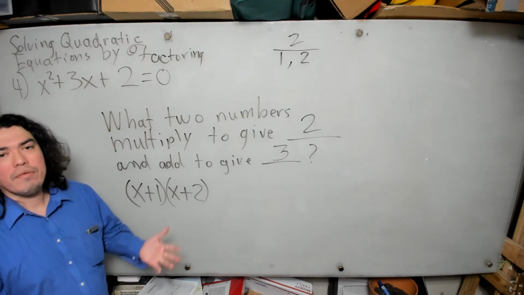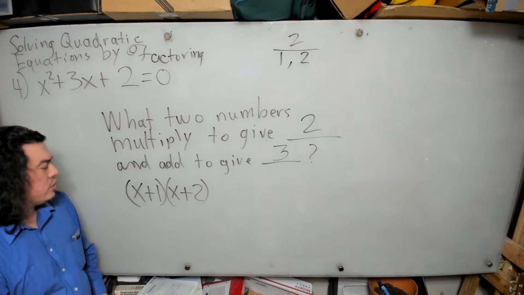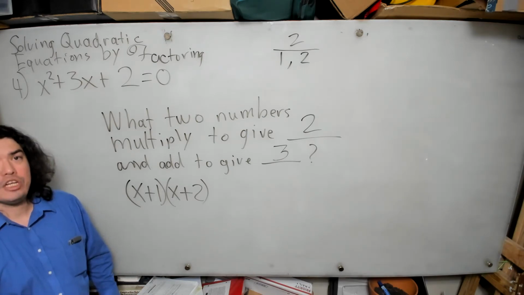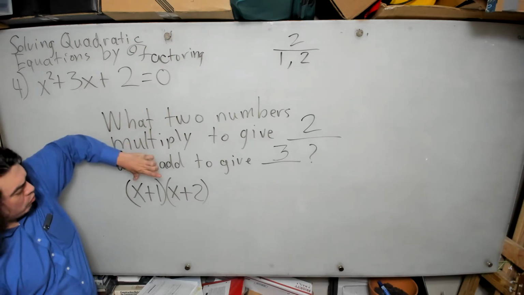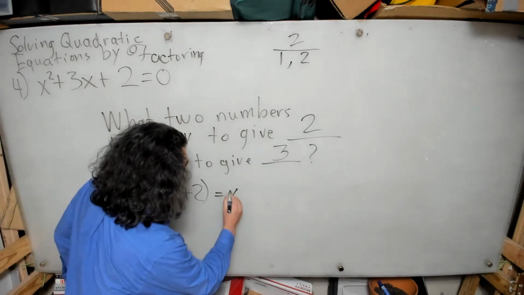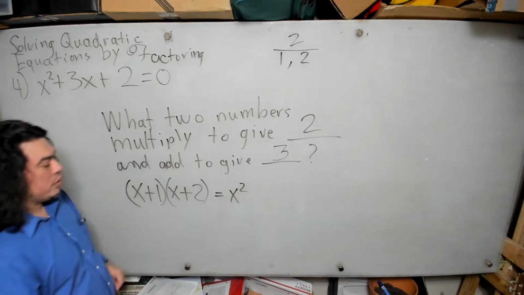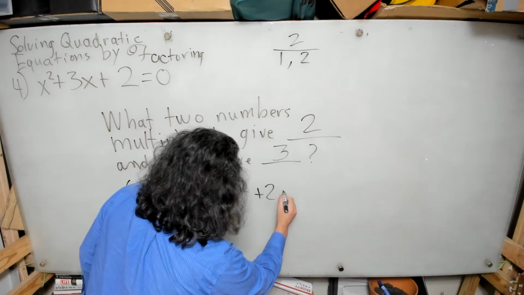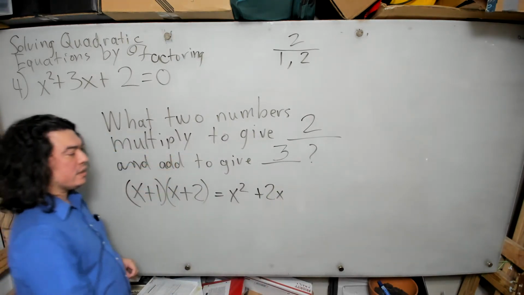Now you might say, okay, David, can you prove that to me? And I can say, of course, let's work it out together to make sure that this is in fact the factorization, okay? So I'm going to multiply these out. So x times x, that's x squared. X times 2 is plus 2x. 1 times x, that's plus x.